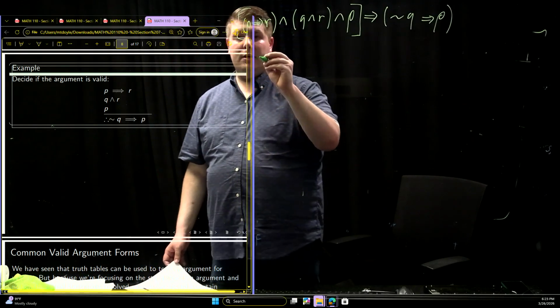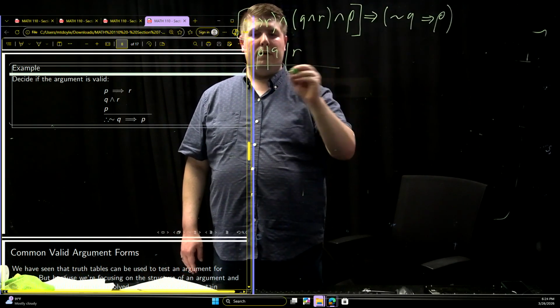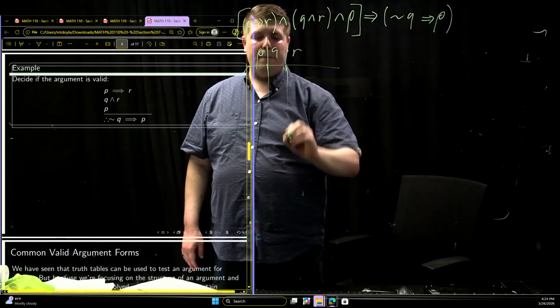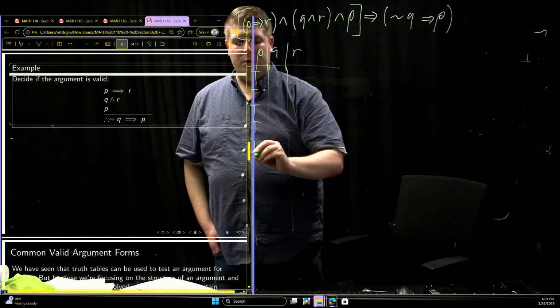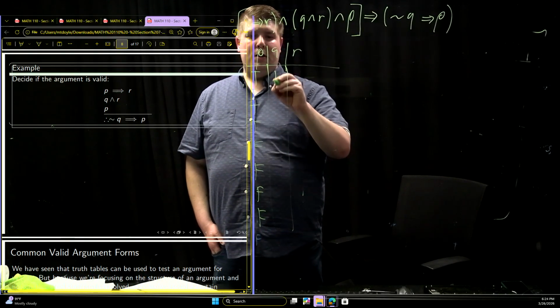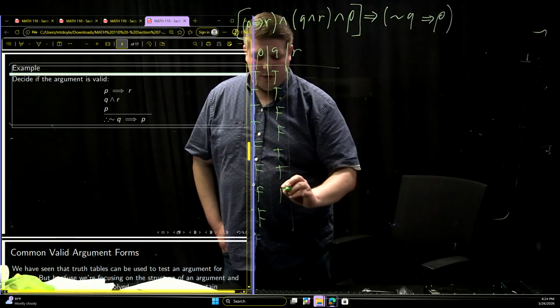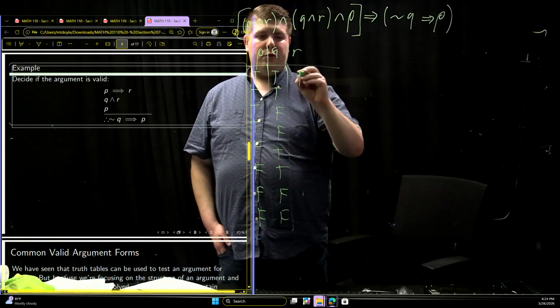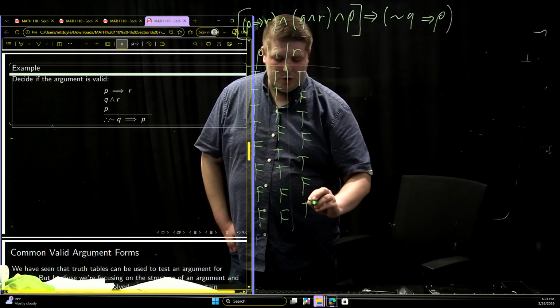So we want P, Q, R. There's 8 rows now. So we have true, true, true, true, false, false, false, false, then true, true, false, false, true, true, false, false, then true, false, true, false, true, false, true, false.